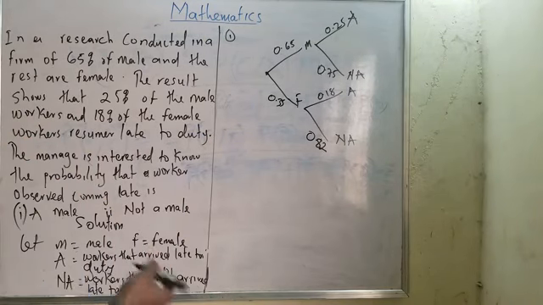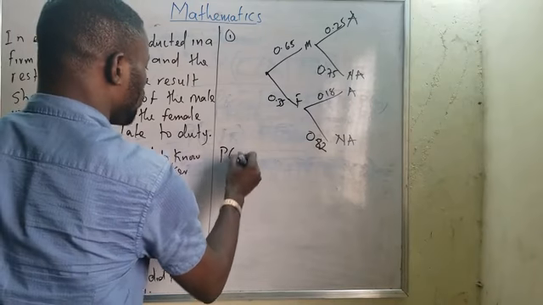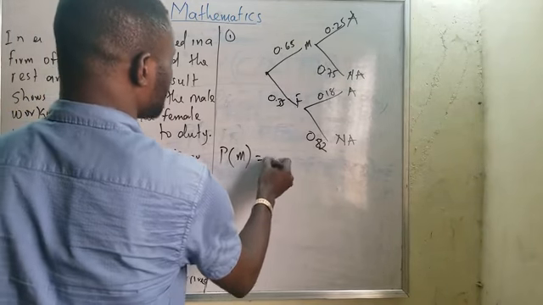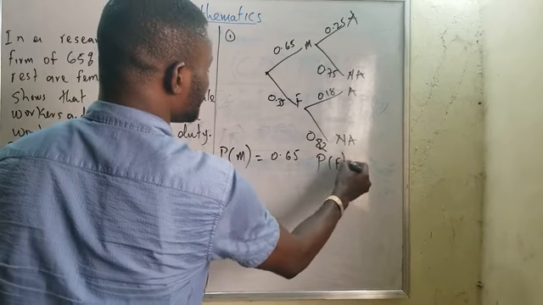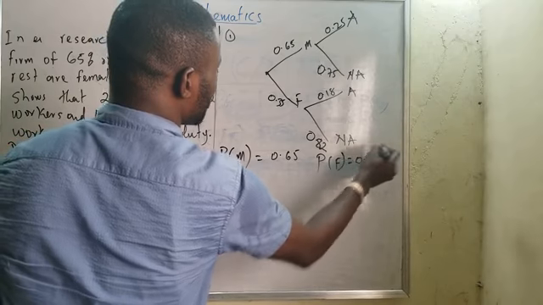Now, if I want to do it, I can set the probability of male. We have it as 0.65. Probability of female, we have it as 0.35.